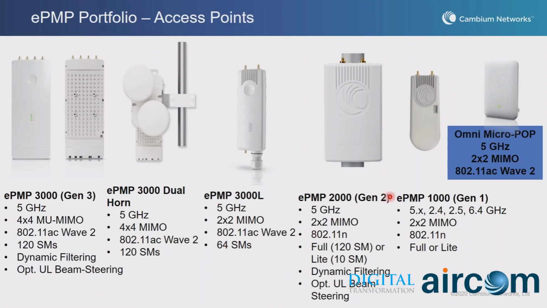And then we moved on to ePMP 2000, which, in addition to all the features that we supported, did not have the 2.4 gigahertz version, but we now introduced beamforming technology, which helps with co-channel interference.